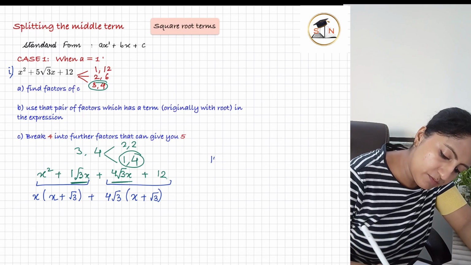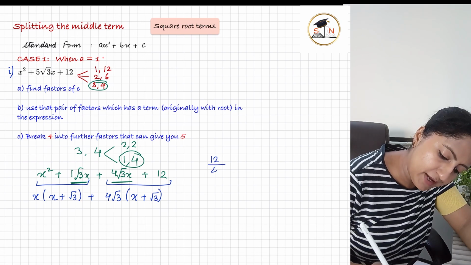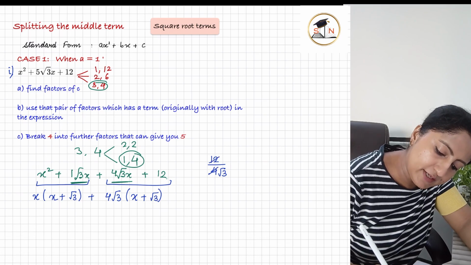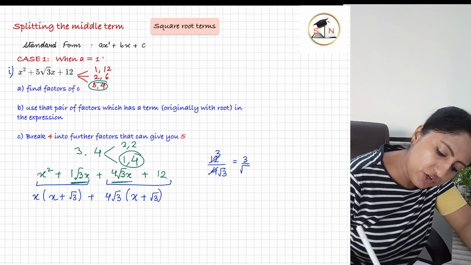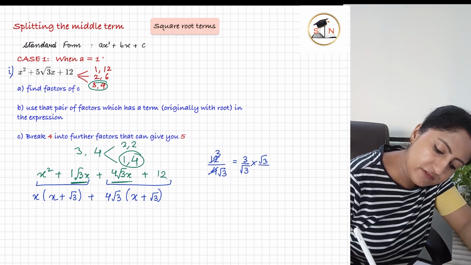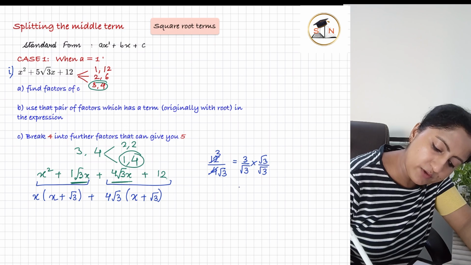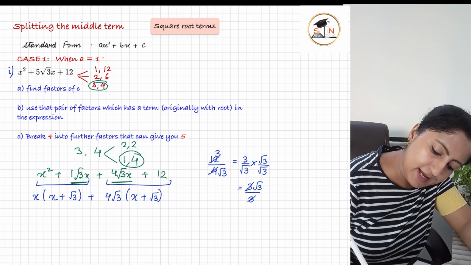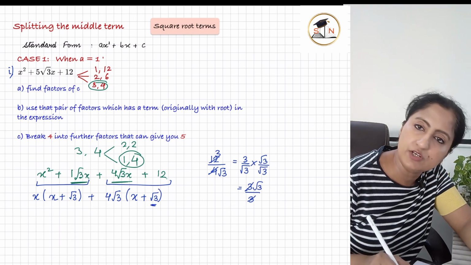I'll just show you over here. Basically, divide 12 by 4 root 3. 12 divided by 4 leaves you with 3. What you get over here is 3 over root 3. Now, if you rationalize, what do you get? You will have 3 root 3 by 3. It gets cancelled, and hence I'm just left with root 3.